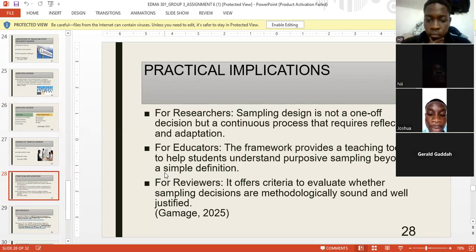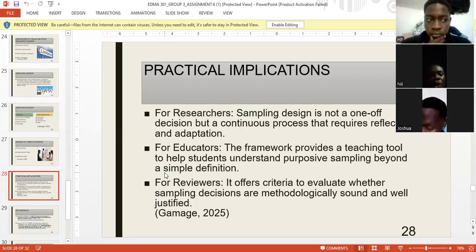So it's not a one-day decision. And for educators, the framework provides a teaching tool to help students understand purposive sampling beyond a simple definition. And for reviewers, it offers criteria to evaluate whether sampling decisions are methodologically sound and well justified.